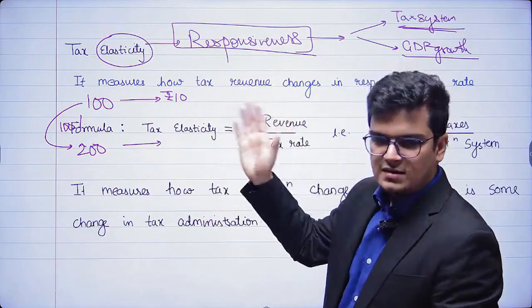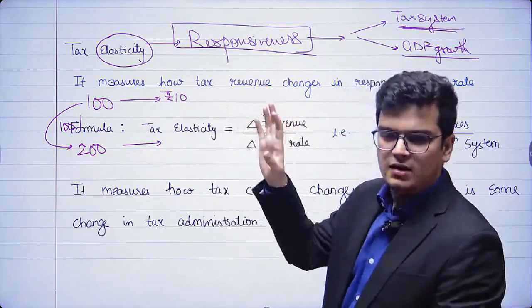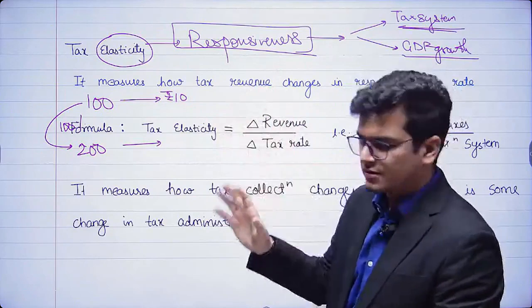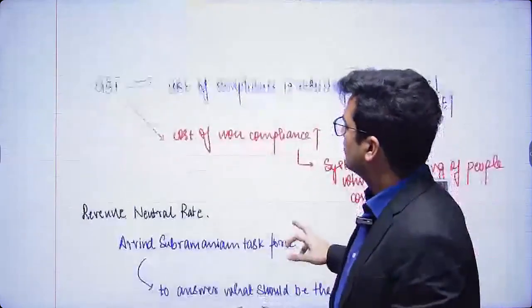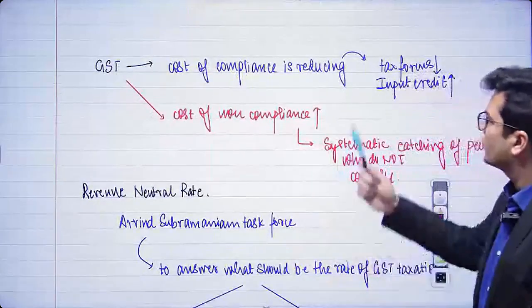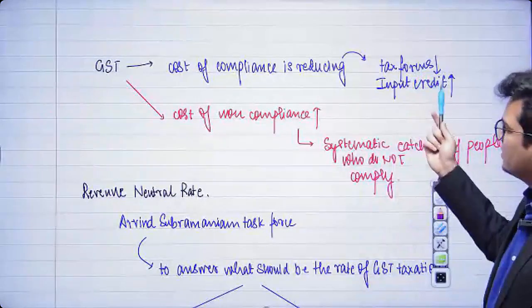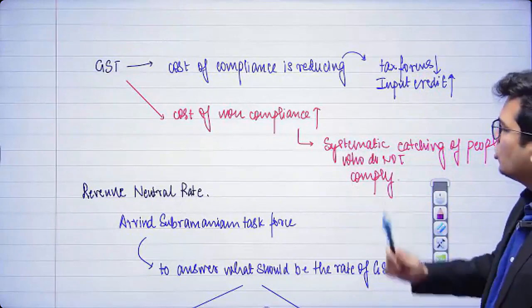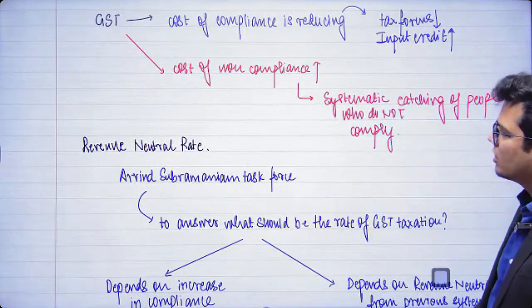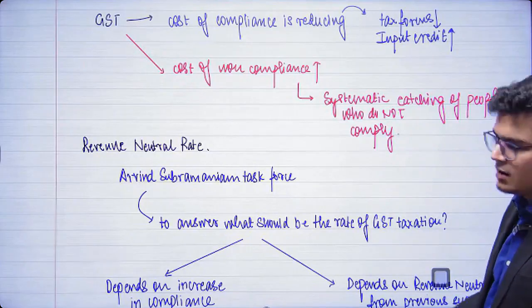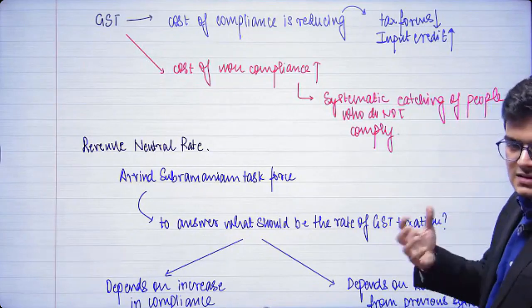That is tax elasticity. Just the name is important. ये term कभी देख लो तो you should not get confused. Now, in GST, cost of compliance is reducing, tax forms are less, input credit is more. Cost of non-compliance is high, called systematic catching of people who do not comply. Therefore, GST compliance is easier.